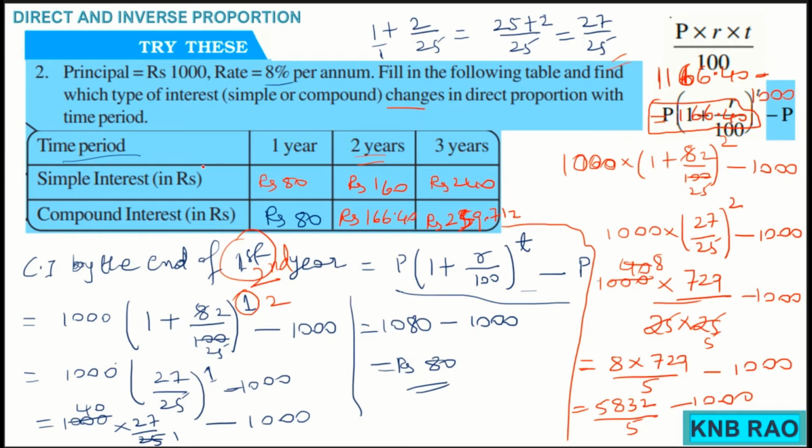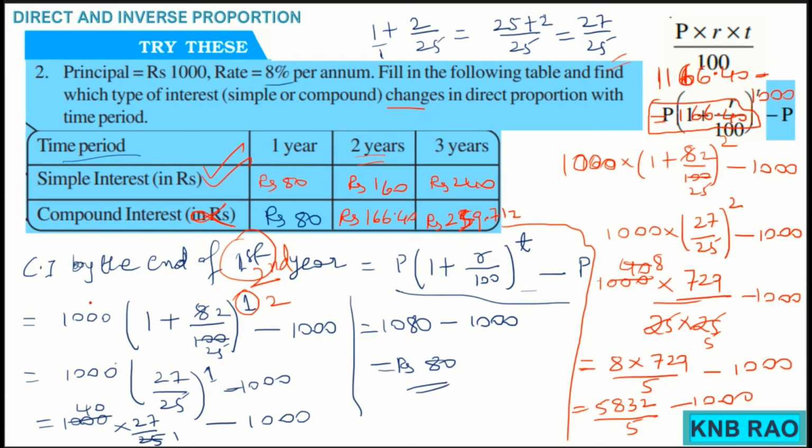So simple interest is in direct proportion, whereas for compound interest, 1 by 80 is not equal to 2 by 166 rupees 40 paise, which is not equal to 3 by 259.712. So compound interest is not in direct proportion, only simple interest is in direct proportion.